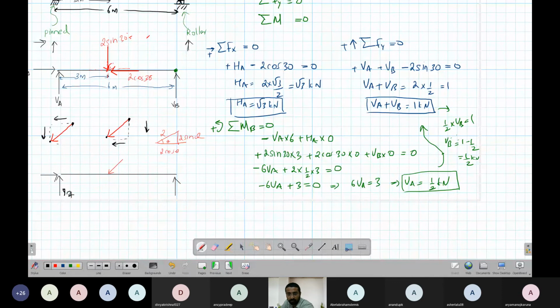This is half, 0.5 kilonewton. And this is 1 kilonewton. This is root 3 kilonewton. Okay, so this is 2 kilonewton at 30 degrees. Right?